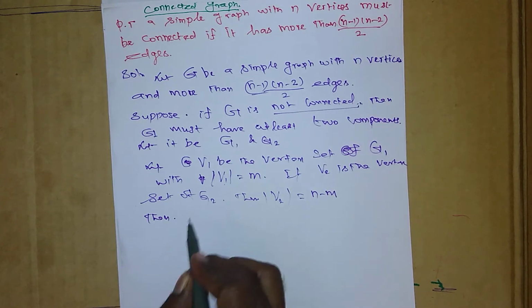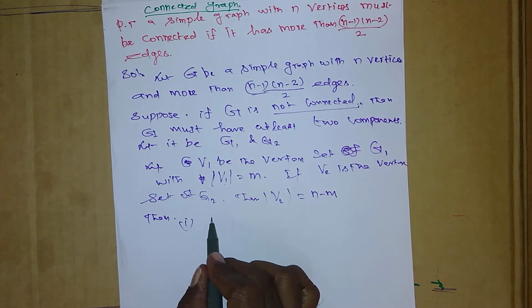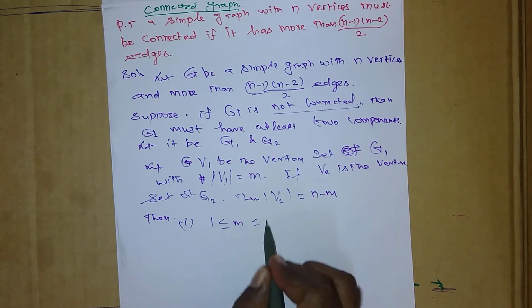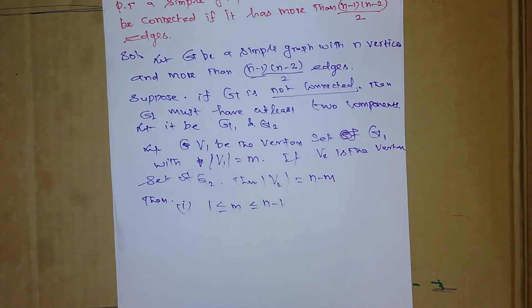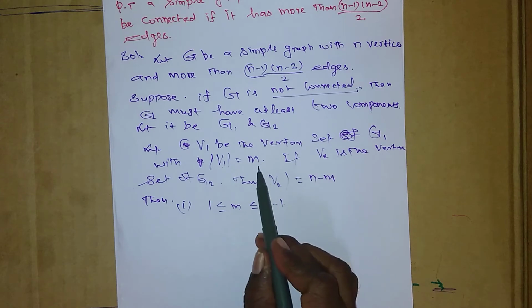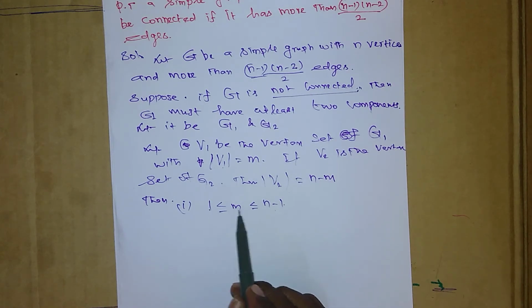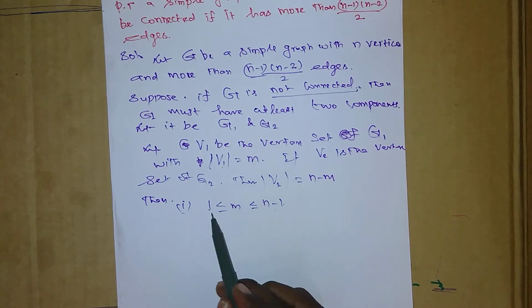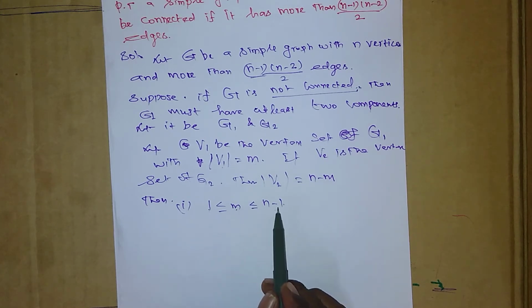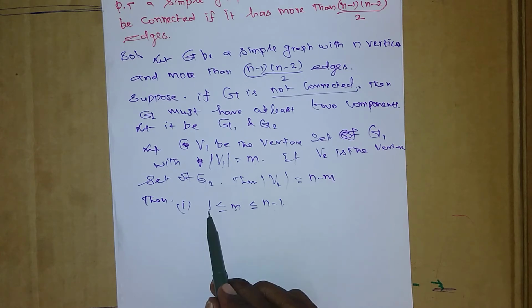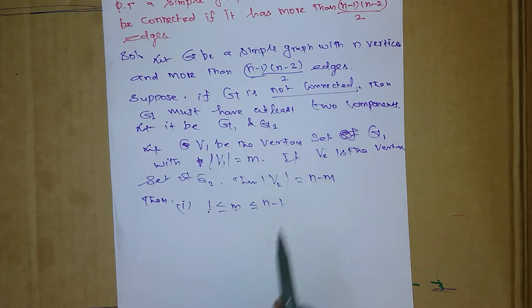Then there are three conditions. First, 1 less than or equal to m, less than or equal to n minus 1. That means m lies between 1 and n minus 1. If m equals 0 there is no component.